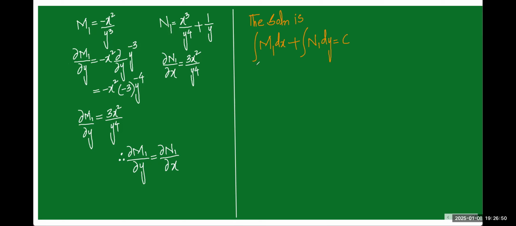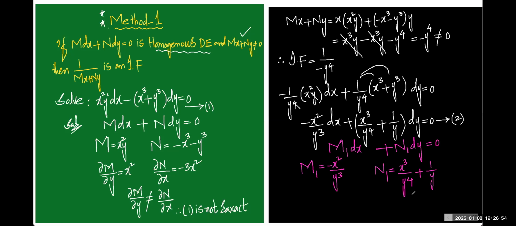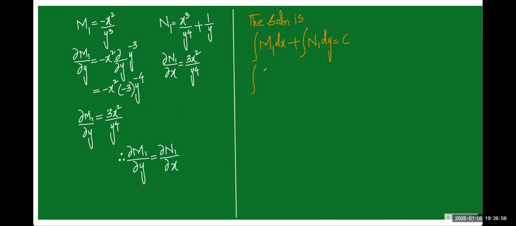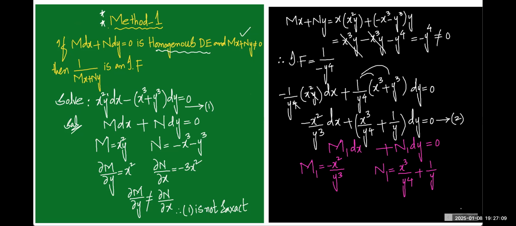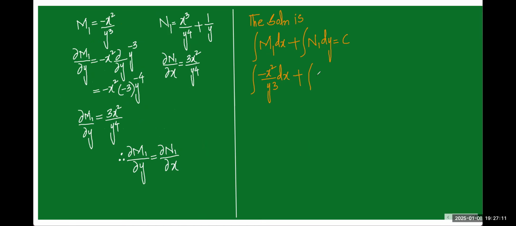But before that, let me write the value of M1 clearly. M1 value is minus x square by y cube, dx, plus, in this N1 we have to write the terms which are not containing x. Only 1 by y is the term not containing x. 1 by y dy is equal to constant.